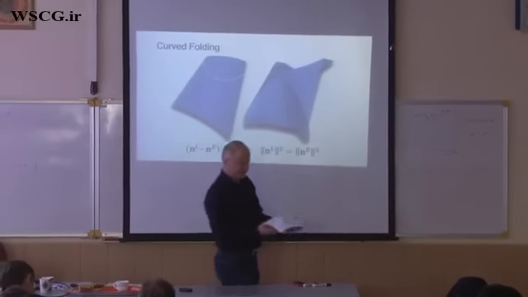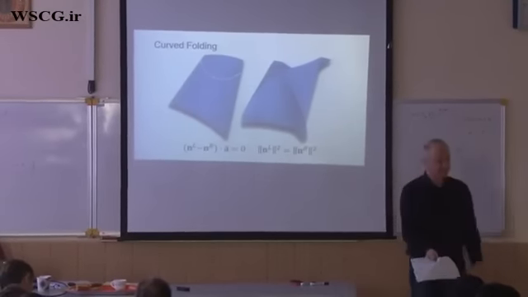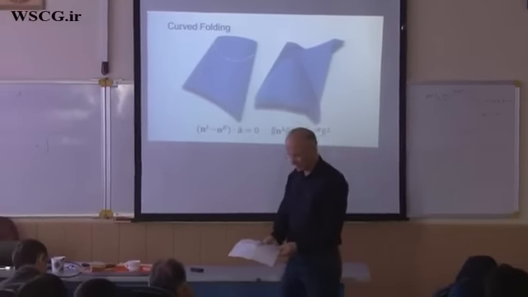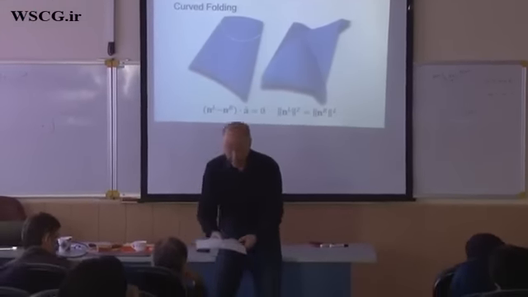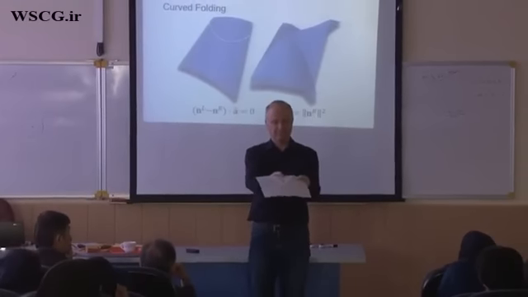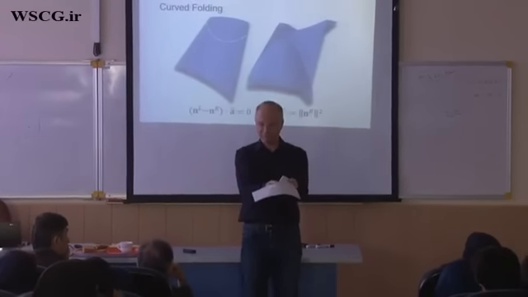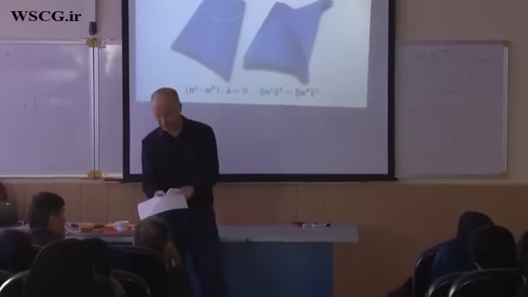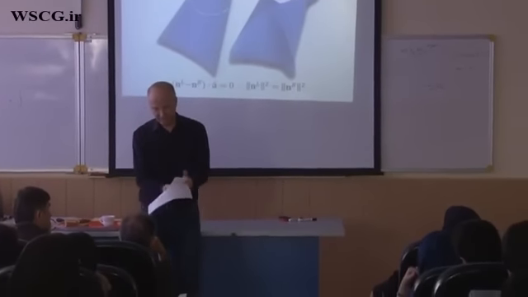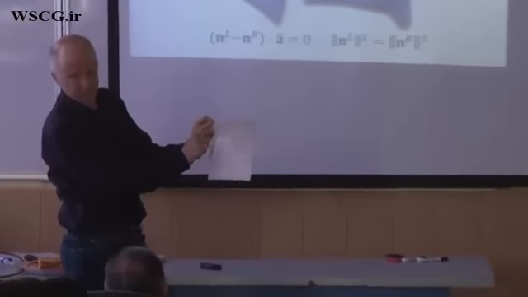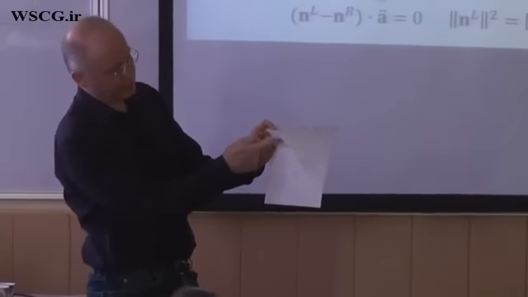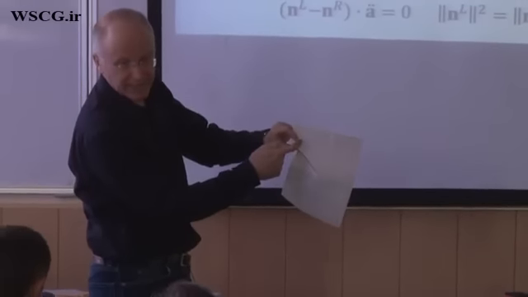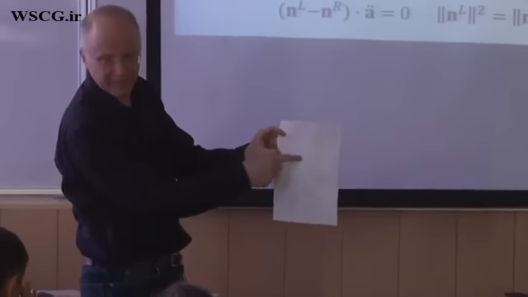So if we have such a curved fold here, so here we have such a crease curve, and if we unfold this into the plane without cutting it, yeah, and unfolding it separately, if it keeps together, then the geodesic curvature of this crease curve with respect to this developable surface and with respect to the other one has to be the same. Otherwise, there is no way that this keeps together.